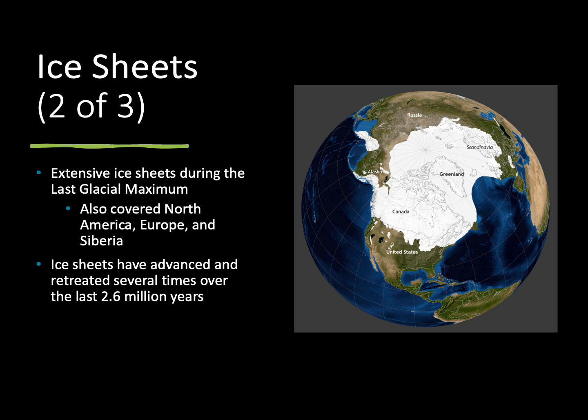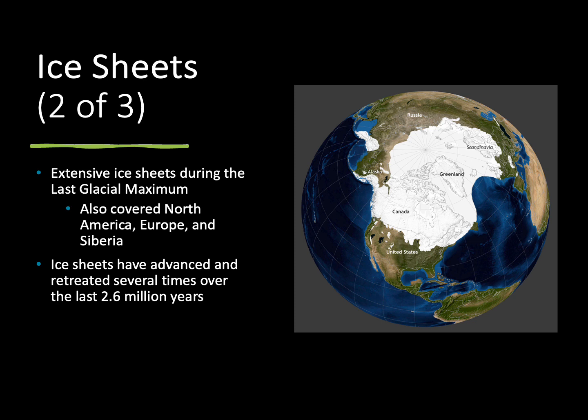This map is just showing us the extent of glacial ice during this last glacial maximum, and we'll see that all of Canada, all of Greenland, and a lot of Europe is covered in a very thick ice sheet. So we're going to see a lot of features on the surface in this area that were eroded, or we see depositions of sediment as these glaciers moved through and eventually deposited all of the material they were carrying with it.